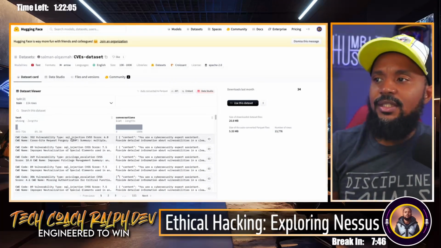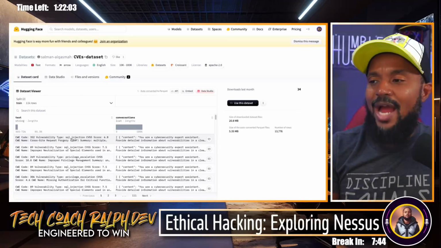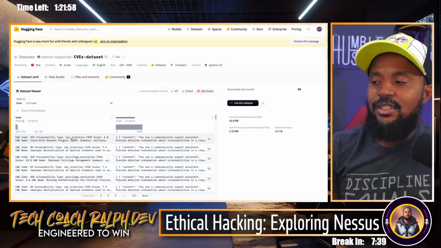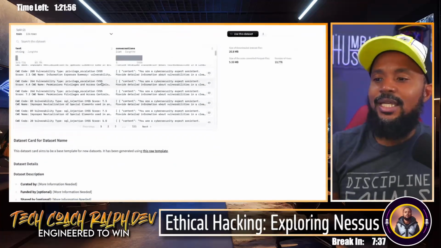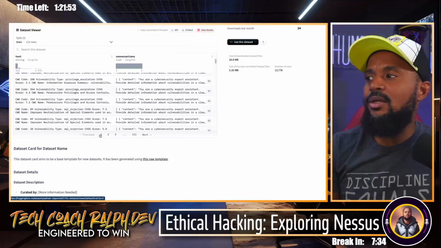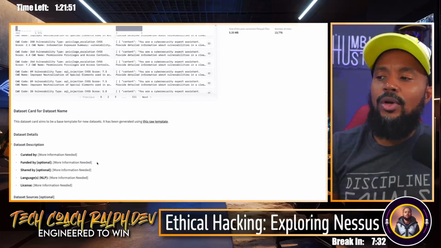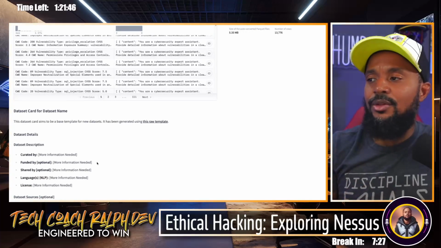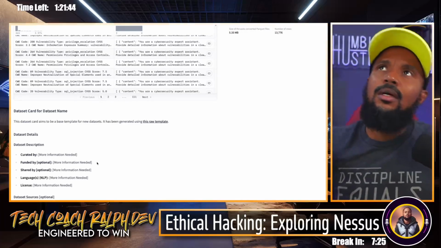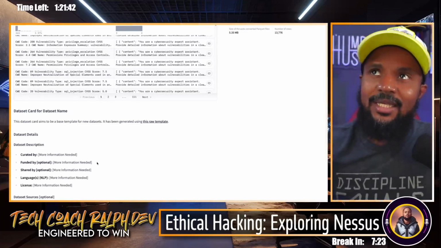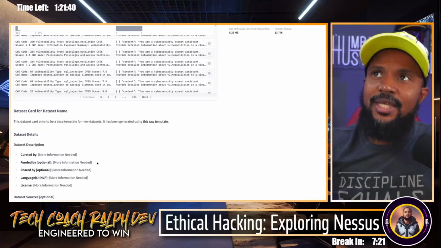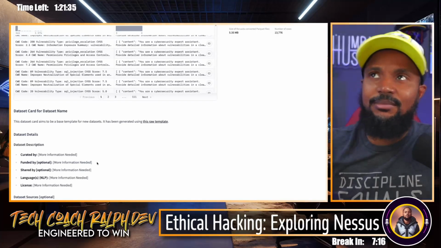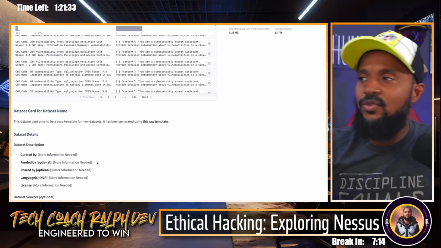This CVE data set is something that we could feed into our RAG, retrieval augmented generation. Let's say we built it in a way that it'll always go out there and pull the latest version to continue updating our RAG. We also get it from other sources and stuff like that, to keep our RAG updated. That way we can say, all right, when you scan, use this RAG to see if you find anything in there and give us an assessment, write us a report, put it in this format.